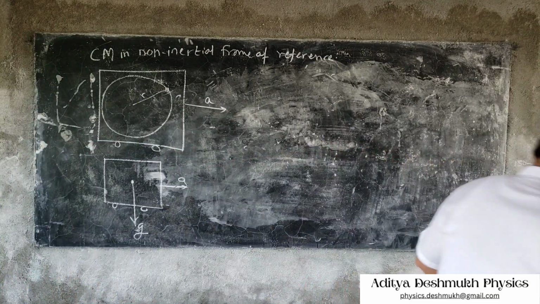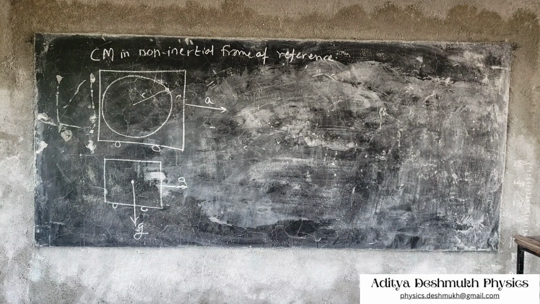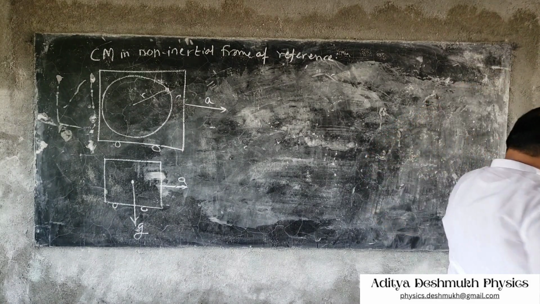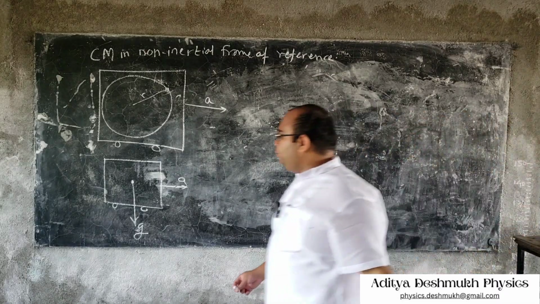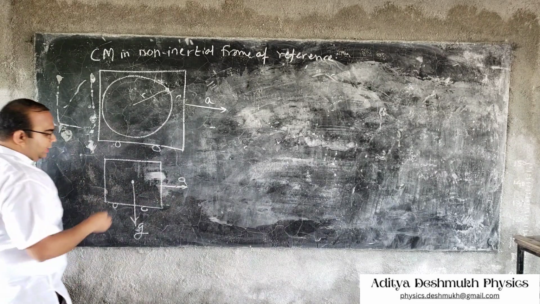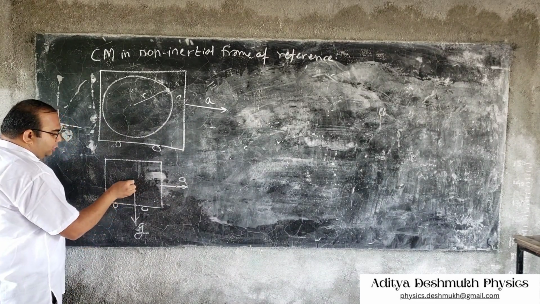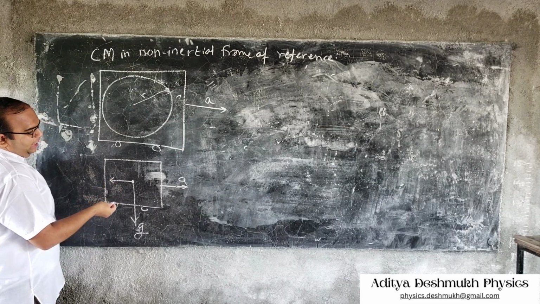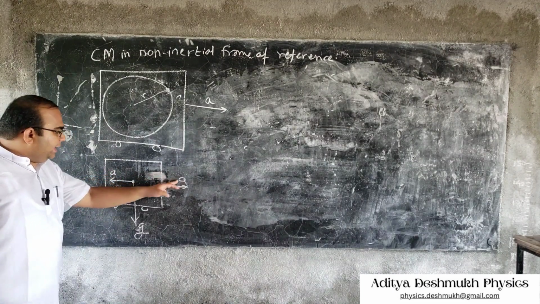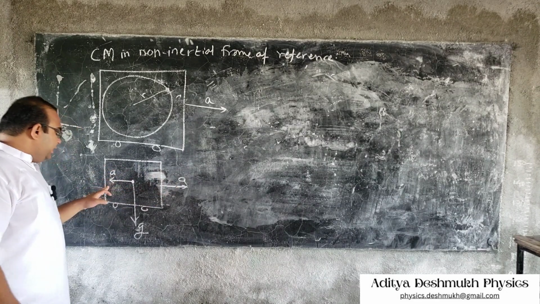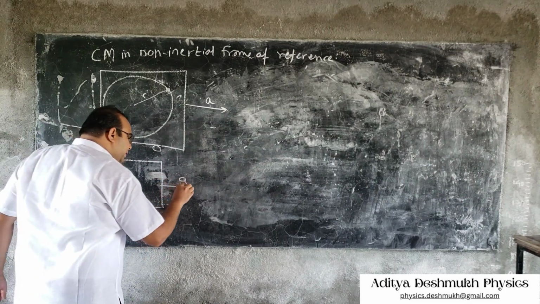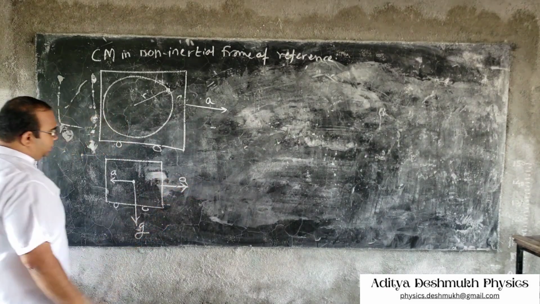Now if we have to apply Newton's law on this particle, what will we have to do? We would have to apply an equal amount of acceleration in the opposite direction. That means I will have to apply acceleration of magnitude a towards the negative x-axis, because my acceleration of frame is towards the positive x-axis.